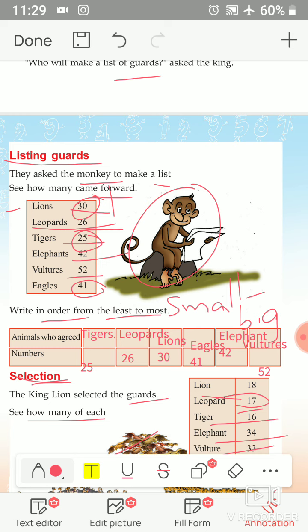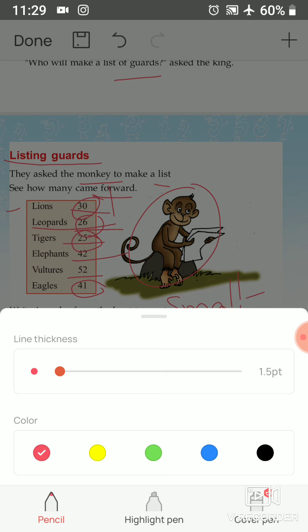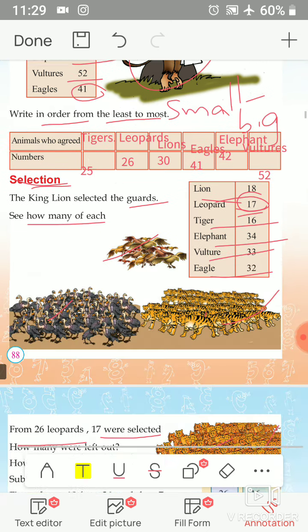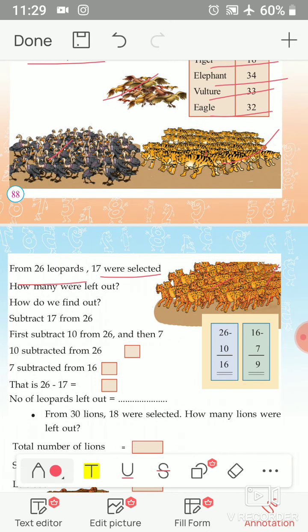That means 26 minus 17. Did you get it? Okay, then subtract. All of you subtract 26 minus 17.